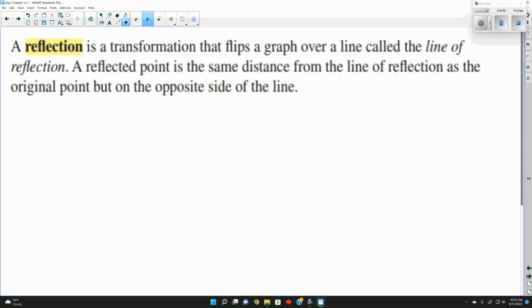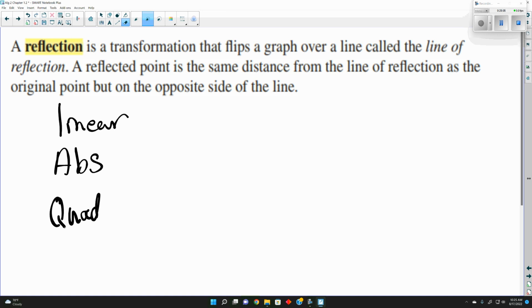All right. The next transformation we have is a reflection. I'm going to abbreviate two of these just so it's easier to write.